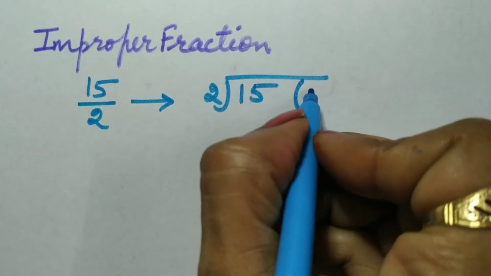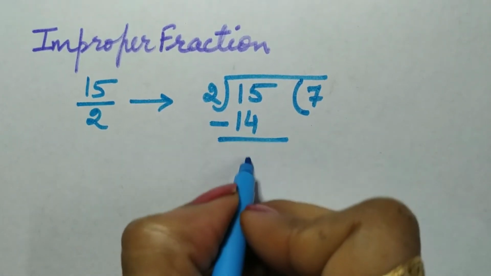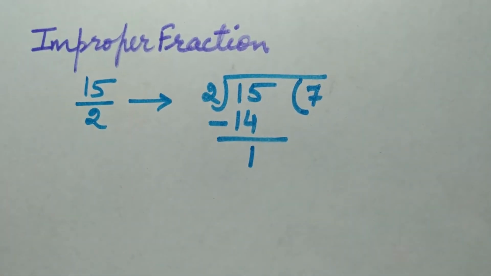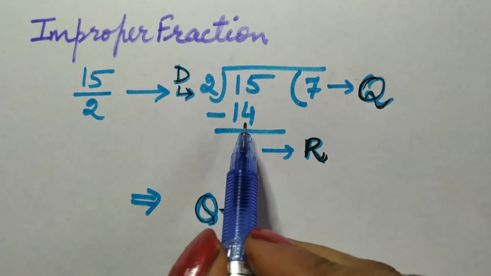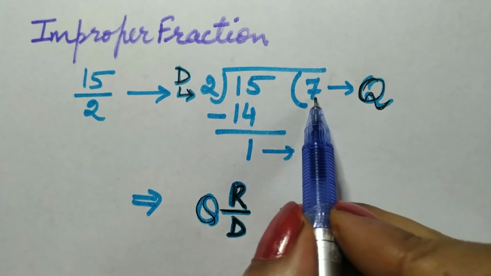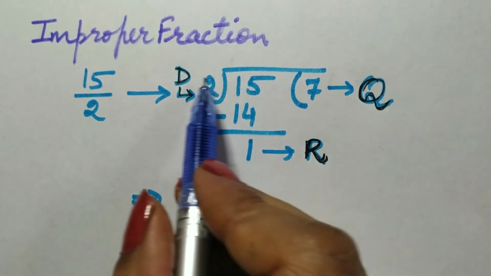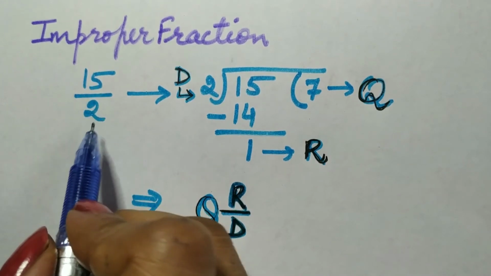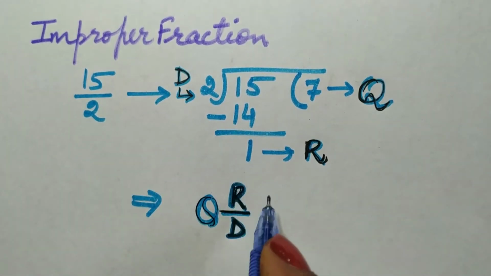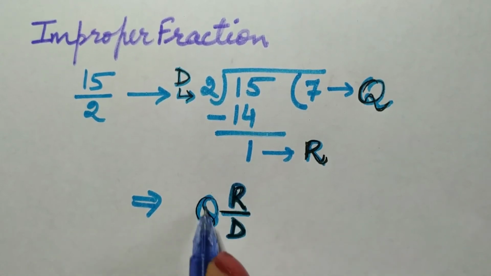Now 2 7s are 14. After subtraction, we get 1. After division, as you all know, 2 is called the divisor. 7 we got as quotient and 1 as remainder. To convert an improper fraction into a mixed number, we have to write this division in this form, in which Q means quotient.